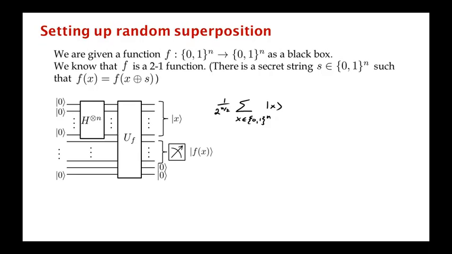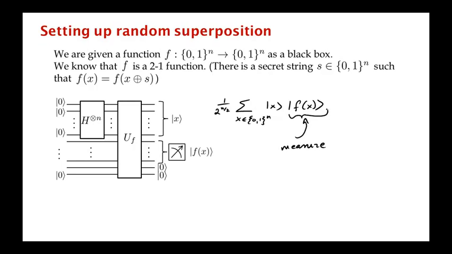Now we feed this superposition through our circuit for computing f. The output of this circuit, in the second register, will contain f of x. And now we go ahead and measure this second register to see what f of x looks like.